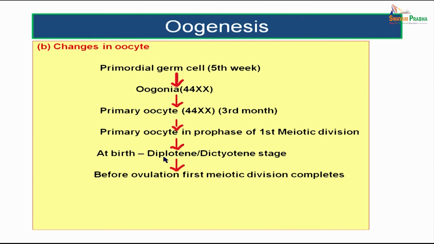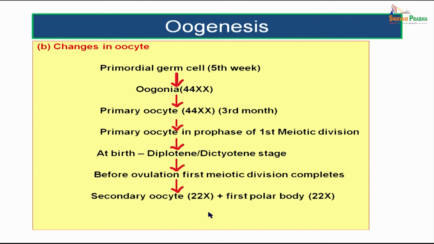And before ovulation, that is at the time of puberty, after the child attains puberty, she will have regular ovarian cycles. So, just before ovulation, the first meiotic division will be completed and there will be the release of the secondary oocyte.